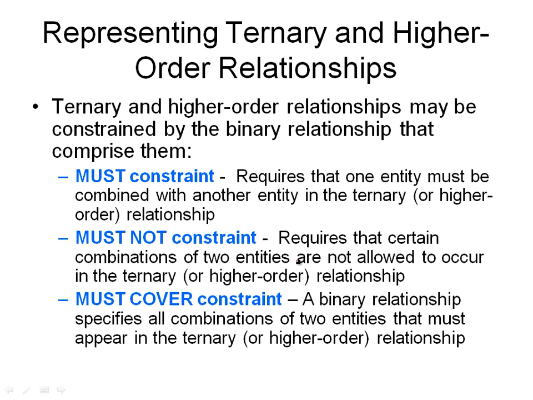And then must not constrain requires that certain combinations of two entities are not allowed to occur in the ternary or higher order relationship. And must cover constrain, a binary relationship, specifies all combinations of two entities that must appear in the ternary or higher order relationship.